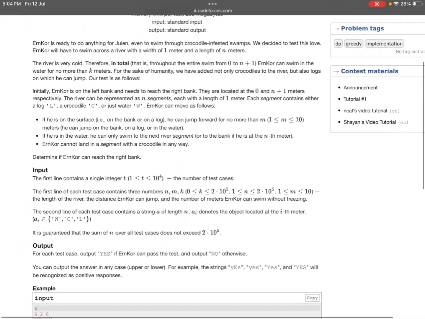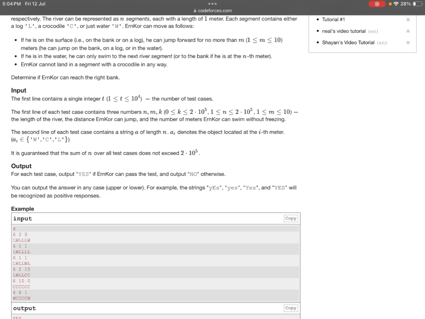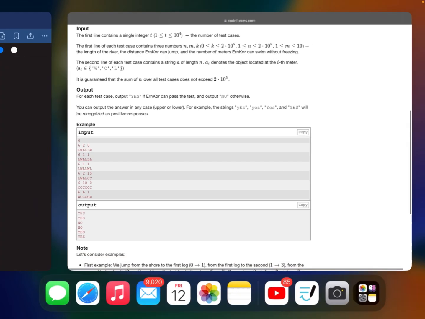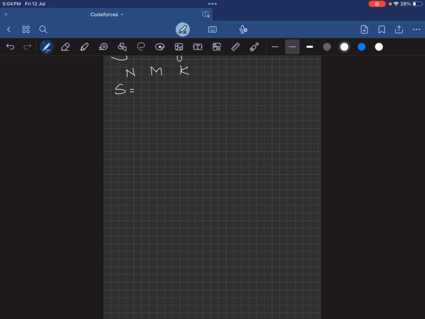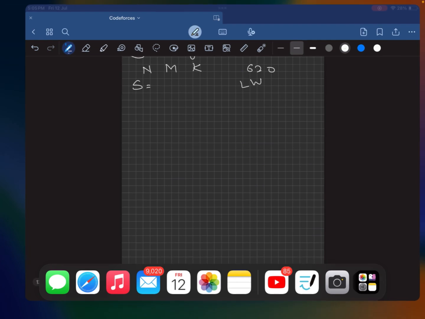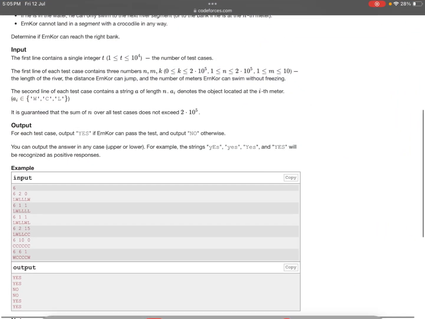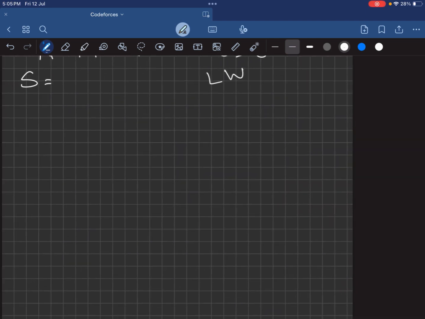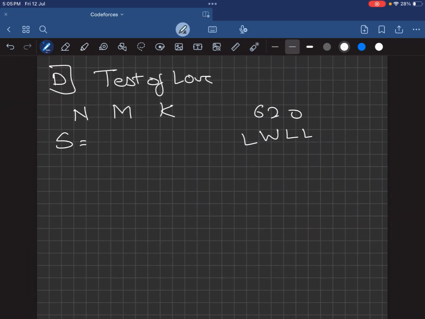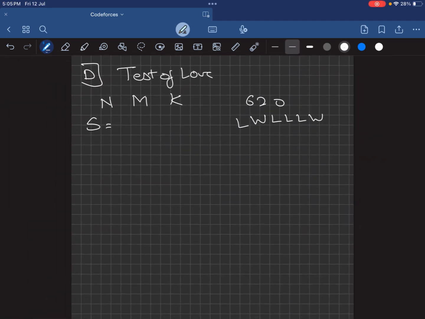I'll take the first example, 6 2 0, with the string LWLLLW. So what does this question essentially mean?